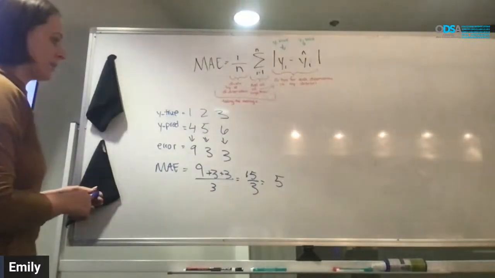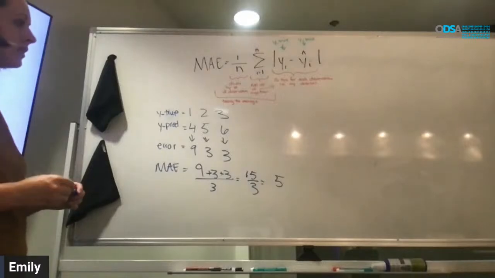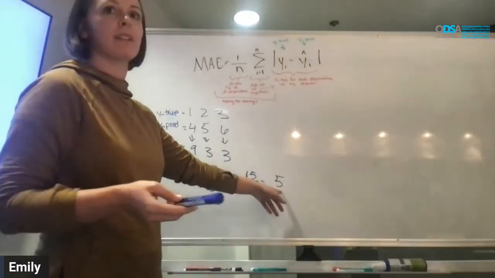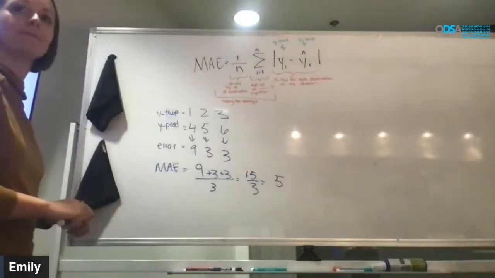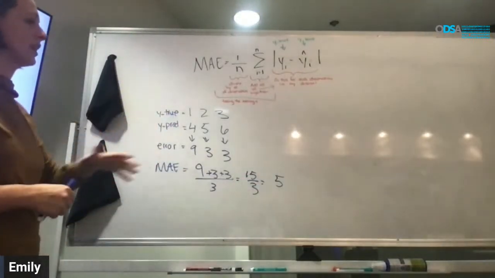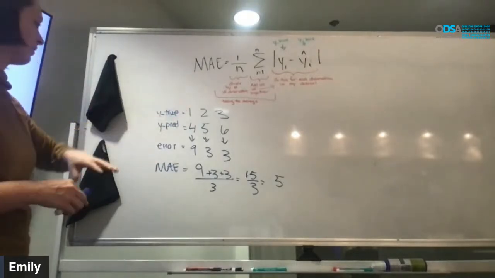And so you're saying the 5 is you're 5 off. Yeah, on average, you are $5 away from having the right house price prediction. On average. So this is kind of the equivalent of accuracy.